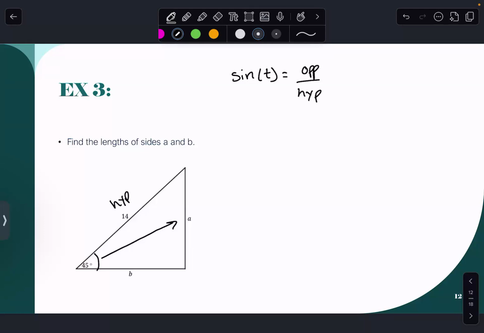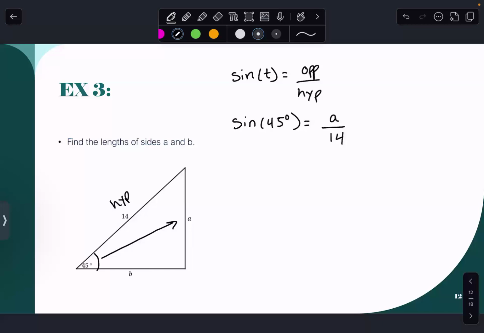So in this case, sine of 45 degrees is equal to a over 14. That's what I know so far. I can actually find out what sine of 45 degrees is, or we can solve this by using basic algebra and a calculator.